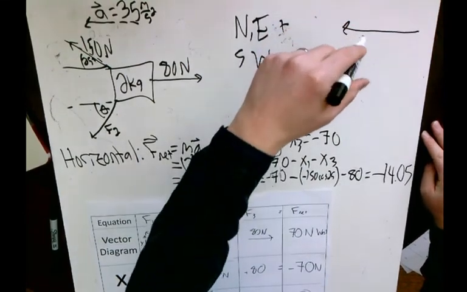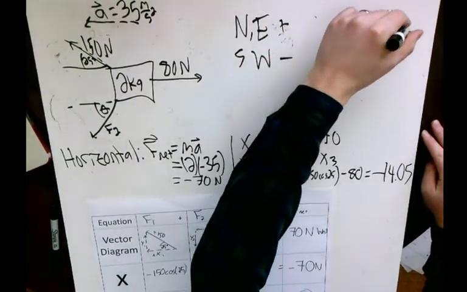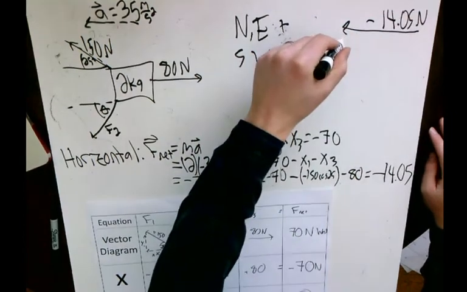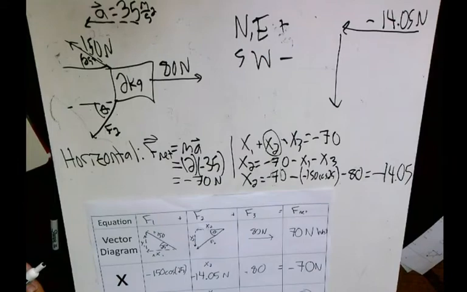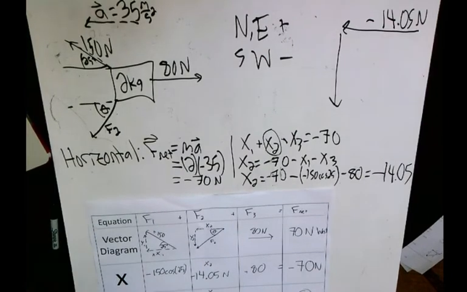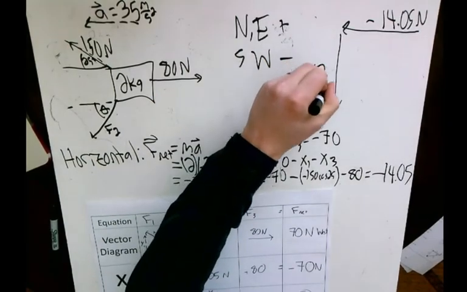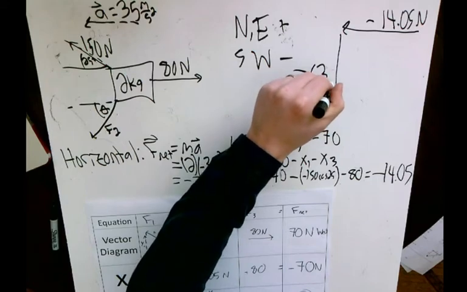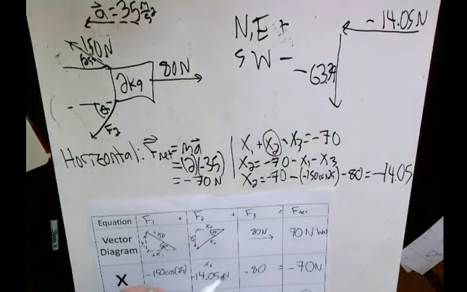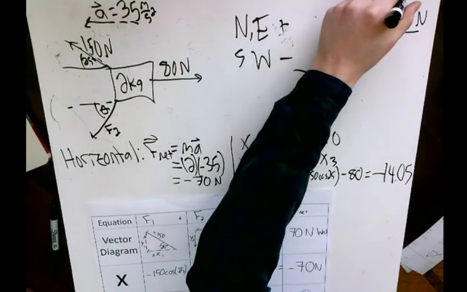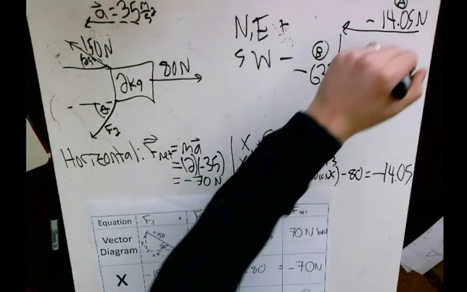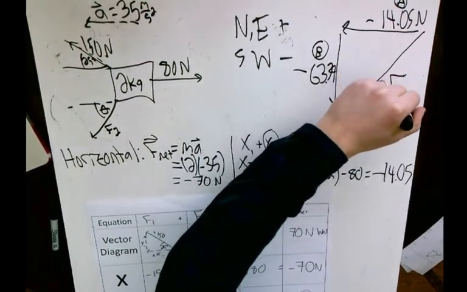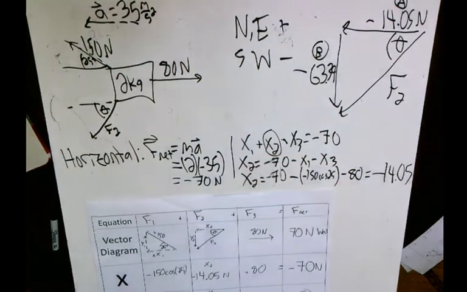We'll start with the west of negative 14.05 newtons, and our south, which is negative 150 sine 25, which when you calculate it is negative 63.39. Not a bad idea to store those in your calculator, right? Maybe I'll call that A, I'll call that B as I'm going through the calculations. And we're looking for F2 and that angle.